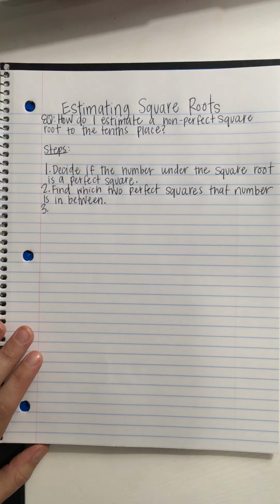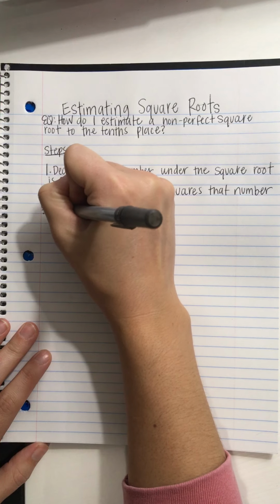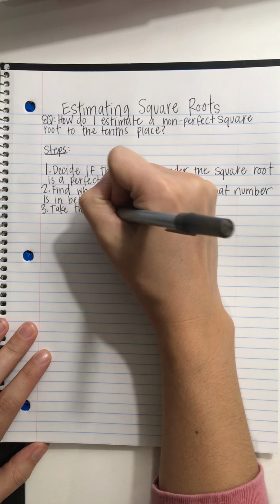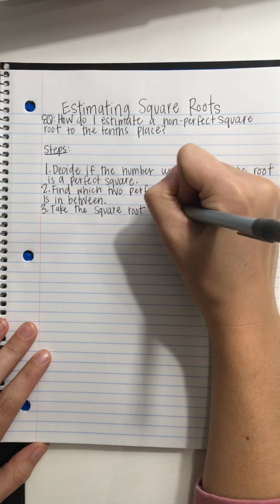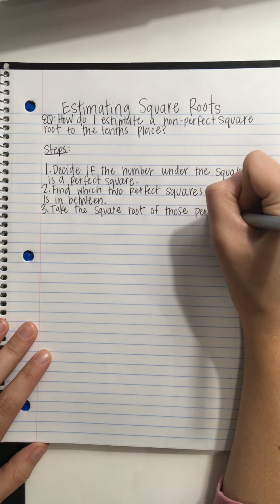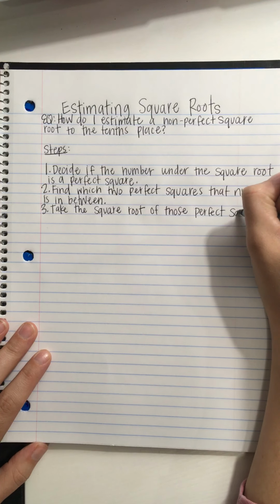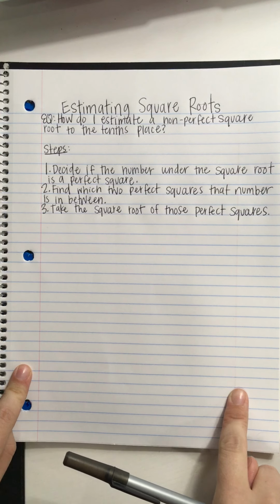So number 3, next thing we're going to do is we are going to take the square root of those perfect squares that are around that number.